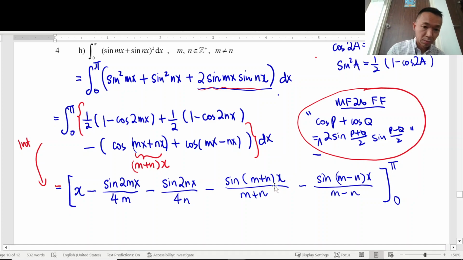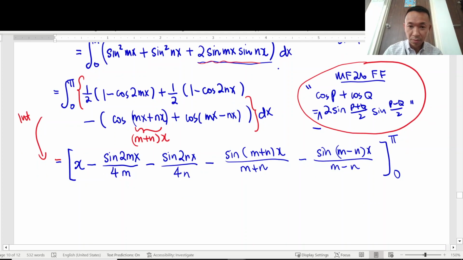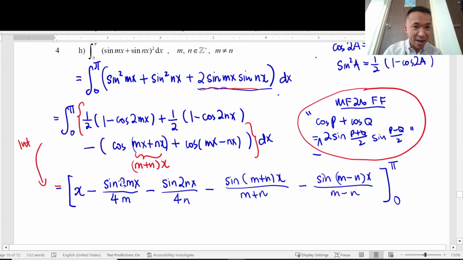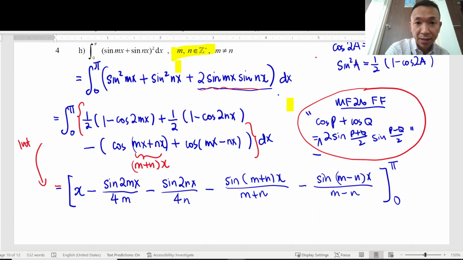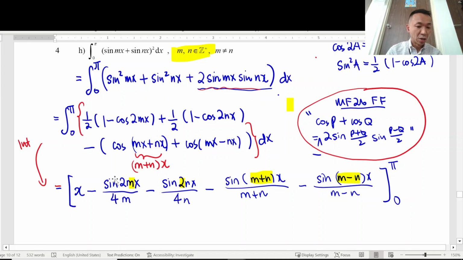But if m and n are integers, let me highlight here, m and n are integers. 2m is also an integer. In fact, even m.